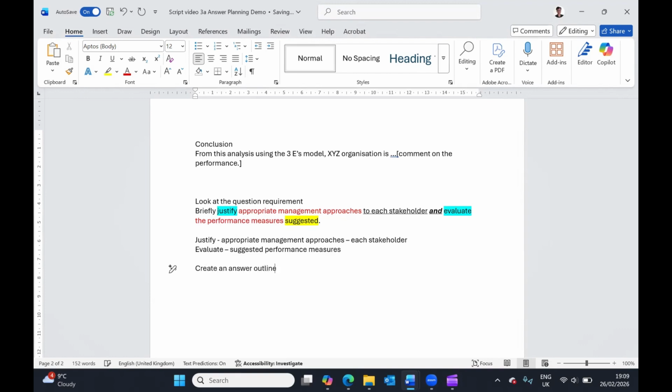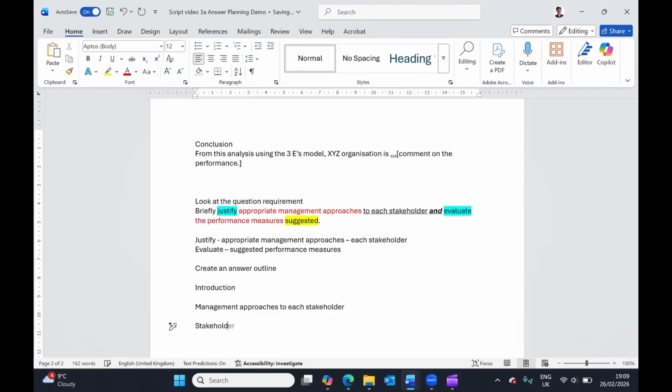my answer outline. So again, I put my introduction. And then here, I would sort of probably put like management approaches to each stakeholder.